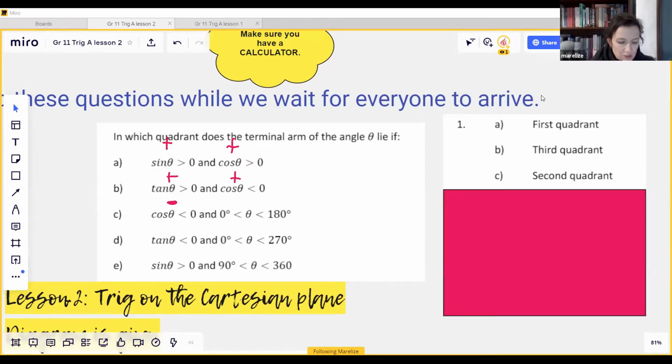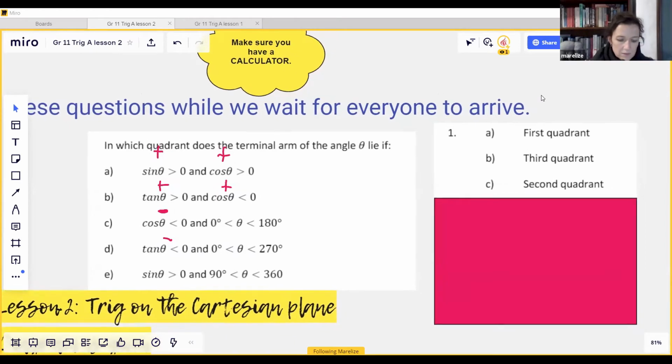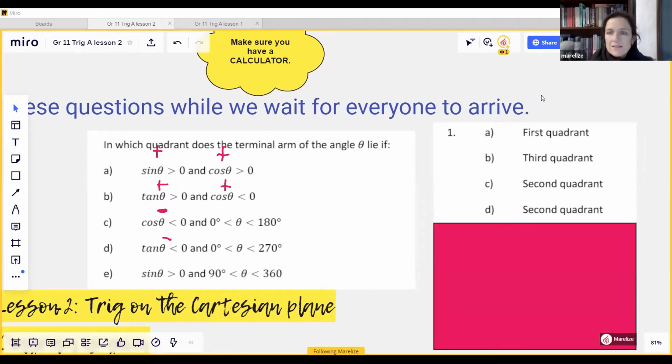Then for question D, tan must be negative and theta must be between 0 and 270. So now we're only looking at first, second, third quadrant. And where is tan negative in those three quadrants? People are putting their answers up. Second quadrant. I agree with that. Second quadrant.